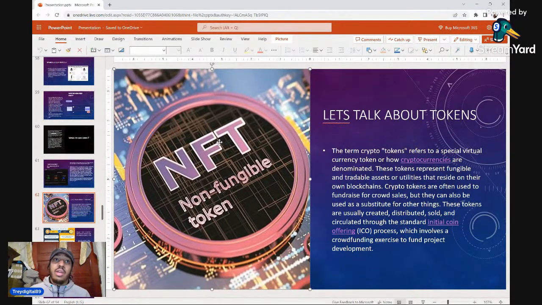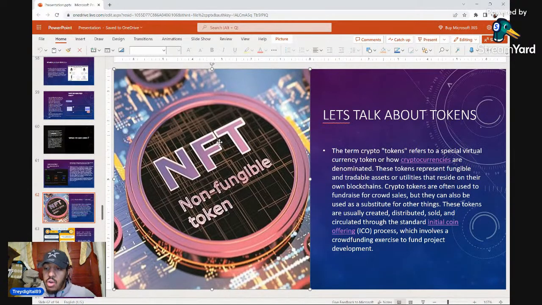So remember, the token is on its own blockchain. It's not like a cryptocurrency. A cryptocurrency is under whatever protocol it's under. If it's under Bitcoin, if it's under Ethereum, or the other ones, Litecoin, Ripple, it's got to be under that. Cryptocurrency doesn't have its own blockchain.